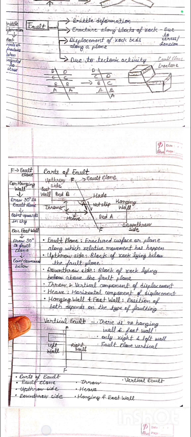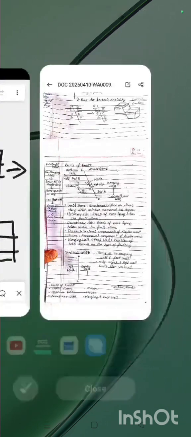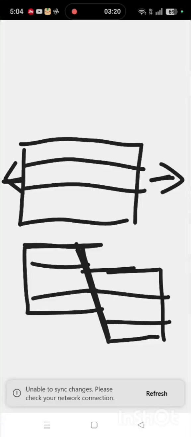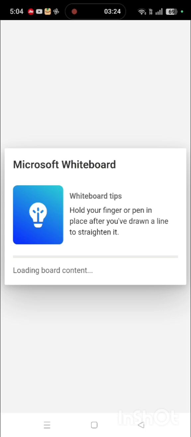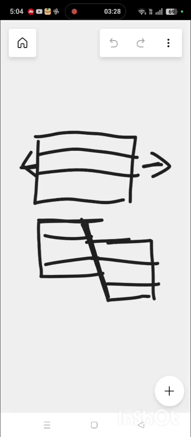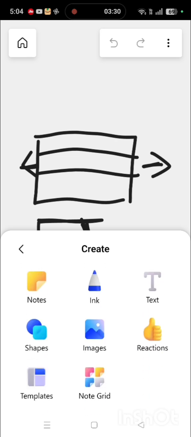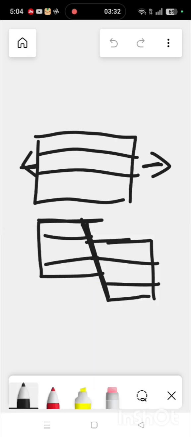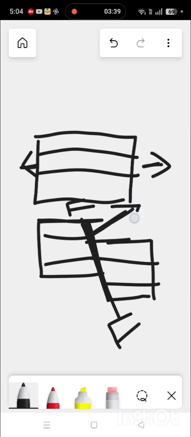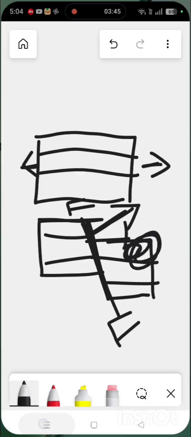Suppose this is the fault plane F. We draw perpendicular to this fault plane, so this is the hanging wall.